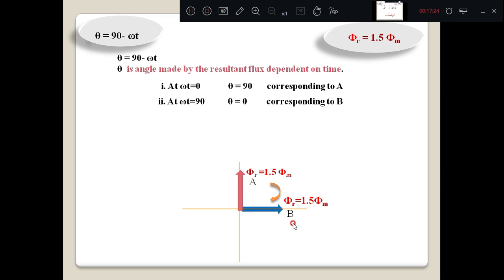Now I am considering omega t is equal to 180, which gives minus theta is equal to minus 90, therefore it corresponds to the point C here.